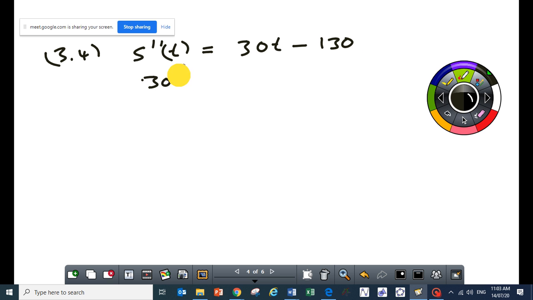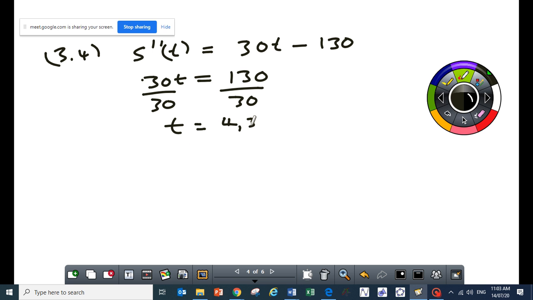So you get 30t equal to 130. Then you divide, you get t equal to 130 divided by 30, which gives us 4.3 recurring. So I can just write this as 4.33 minutes. Okay, so that's it then.